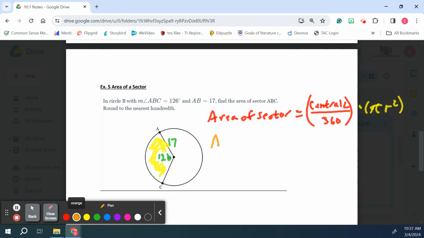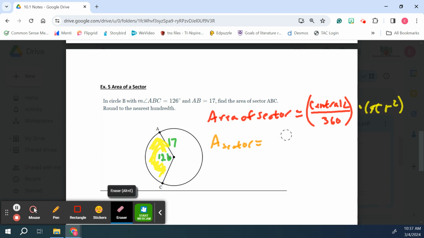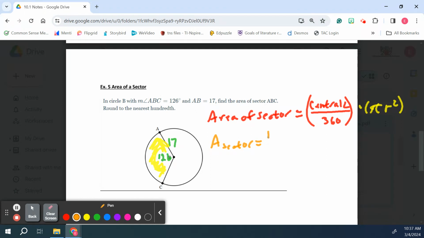So when we're talking about area of the sector, this is going to be 17. Oh, no, not 17. Sorry. This is going to be 126 divided by 360, and we're going to multiply that by pi times 17 squared.